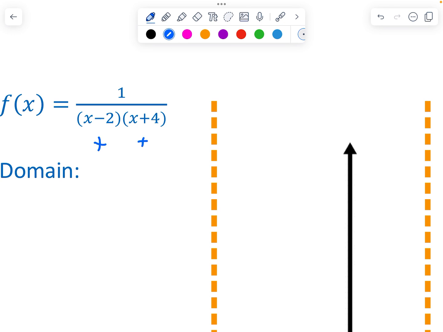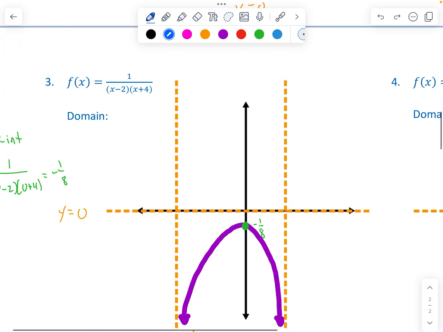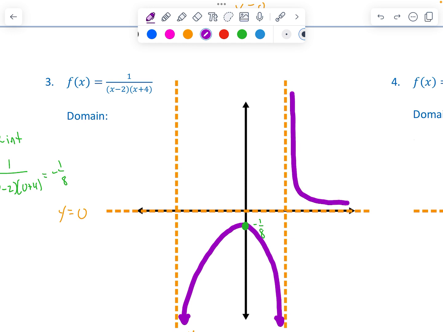And so when you multiply them together, you're going to get a positive number overall that we know is going to get bigger and bigger and bigger forever, because this number gets really small, and 1 over really small is really big. And so now we know we have a portion of the graph up here. And so it's got to always trend towards the asymptotes, so we know it's going to flatten out this way and go further that way.